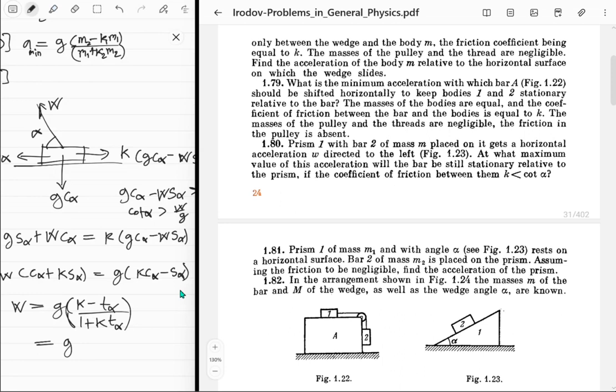That could be some weird things happening right there. So you could write this as, no, don't think of it like that. It would be like, okay, 1 upon k is bigger than tan alpha. That's what we are saying. I understand that. Or you could say k is less than 1 upon tan alpha.